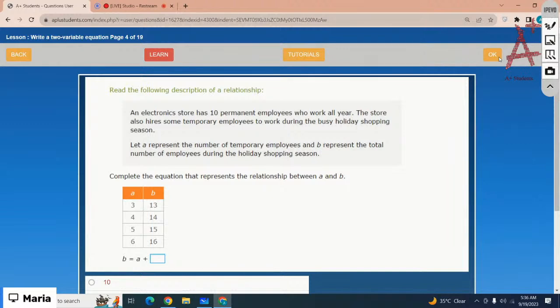Complete the equation that represents the relationship between A and B. So which is the correct option? 3 plus what number makes 13?